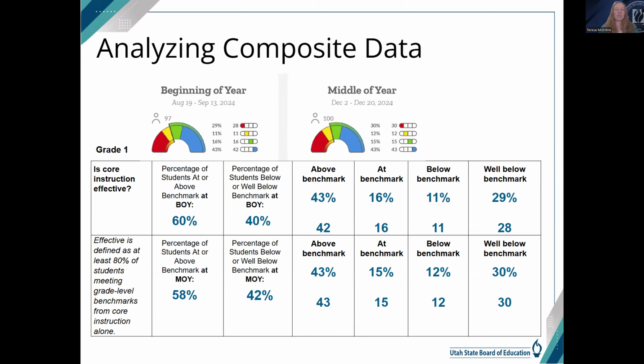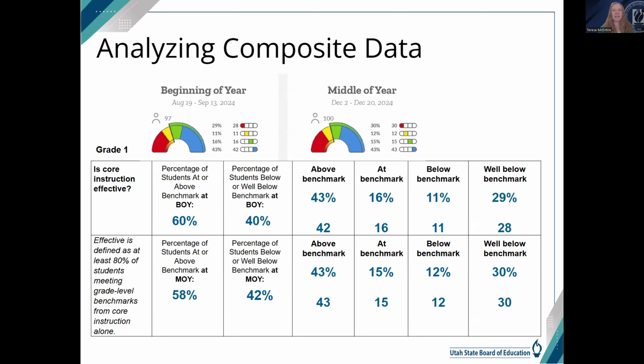So it's going to be your choice. But when you're looking at this data, what you're looking at is the percent and number of students in each different benchmark category, whether that is well below, below, at, or above benchmark. And then adding up the percent of students at below or well below benchmark, and then the percent of students at or above benchmark.